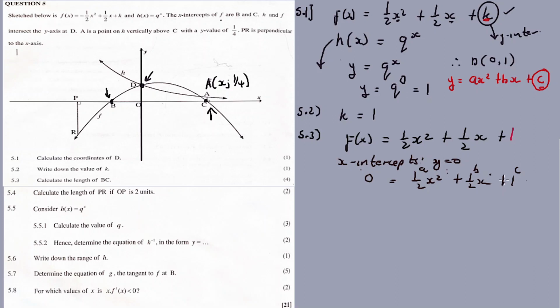What's the LCM? 2. So 0 times 2 is 0. 1 over 2 x squared times 2 is x squared. 1 over 2 x times 2 is x. 1 times 2 is 2. Therefore, there is no solution.